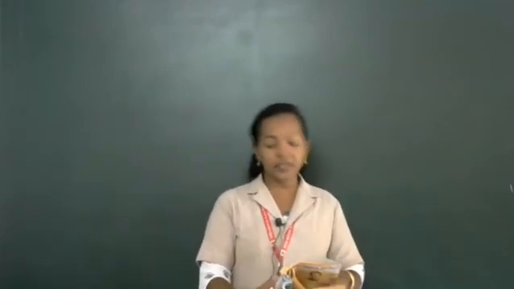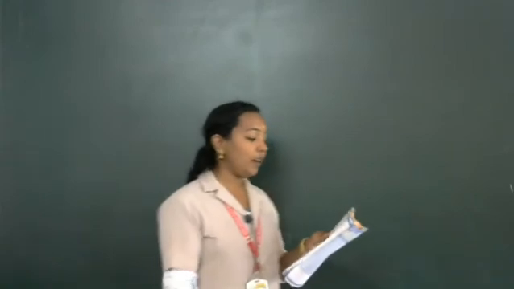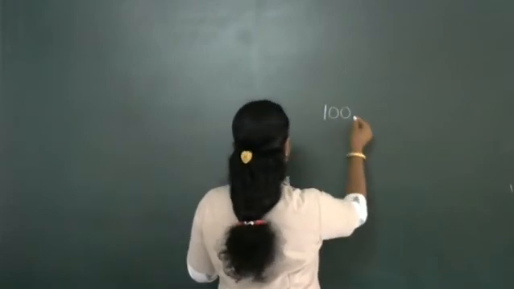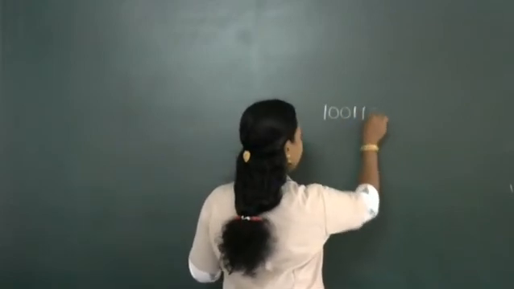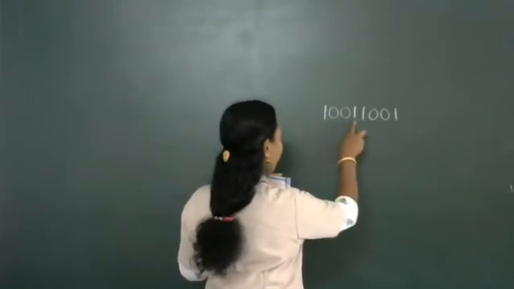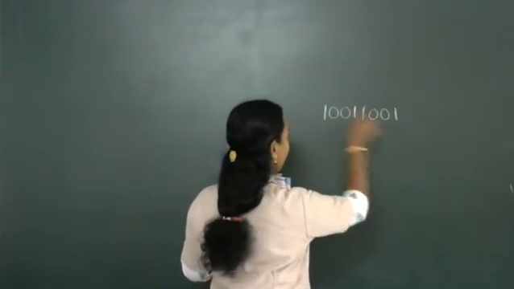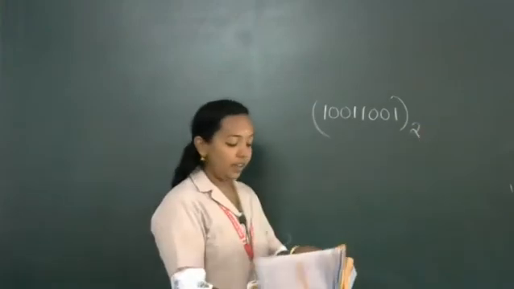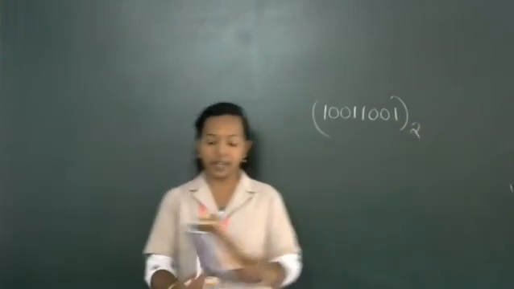Next we are going to discuss: find out the integer which is represented as 1 0 0 1 1 0 0 1 1 0 0 1 1 0 0 1 base 2 in sign magnitude representation.